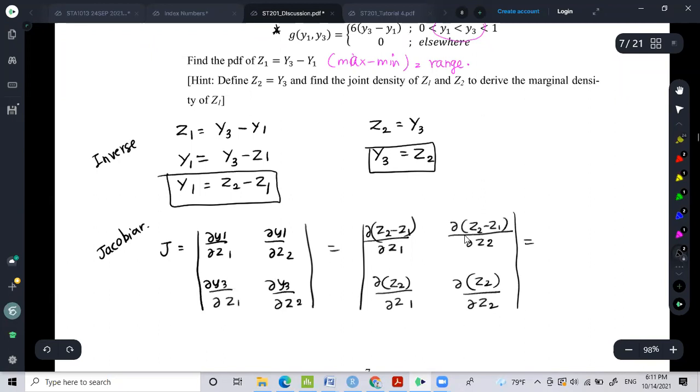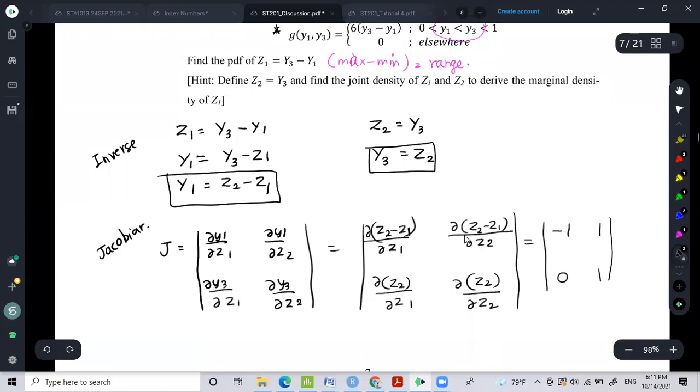Okay, let's do this quickly. The partial derivative of Z2 minus Z1 with respect to Z1: Z2 will act as a constant, so there's nothing coming from that, and negative Z1 gives negative 1. For the next one, when you take the partial derivative of Z2 minus Z1 with respect to Z2, Z1 is like a constant, so the derivative is 1. The partial derivative of Z2 with respect to Z1 will be 0.